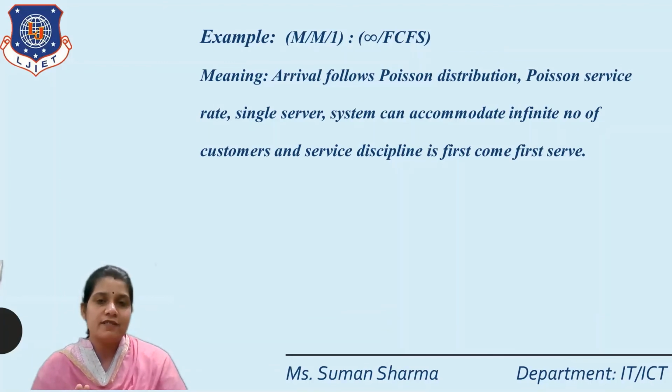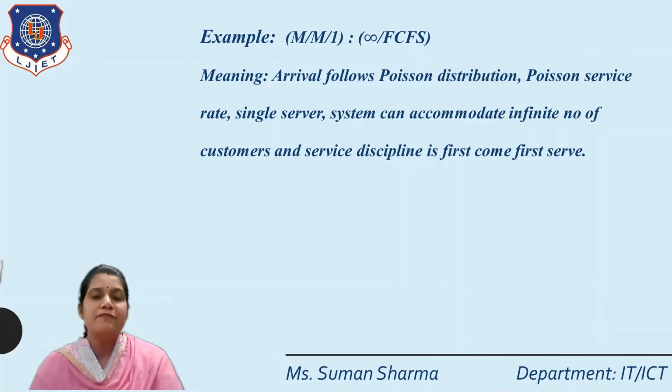Second one is the service rate, single server, because here we write the 1. Okay, 1 means single server. Next, in the place of D we write infinite, so the system can accommodate an infinite number of customers. Okay, and FCFS means first come first serve, and the service discipline is first come first serve basis.